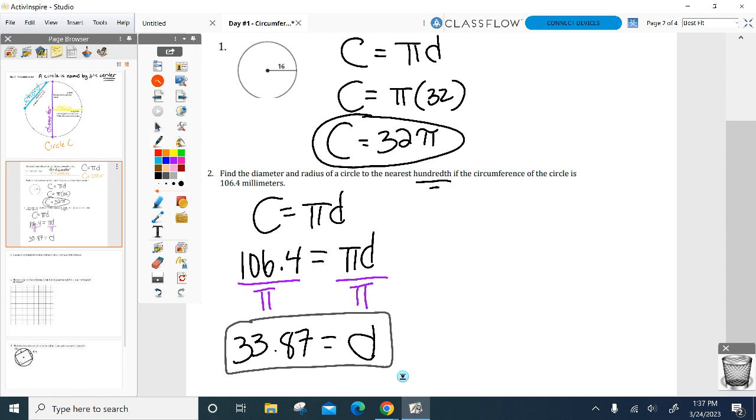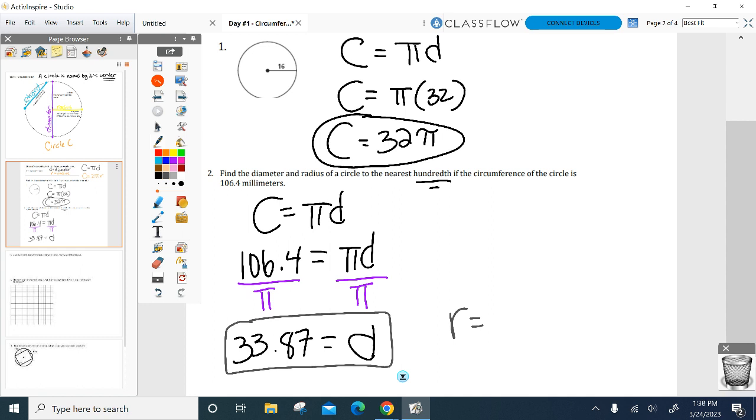Now let's go to radius. I get it. Divide by 2. What's going to be a more exact answer? Dividing your rounded answer by 2 or the number hopefully you still have on your calculator by 2? Calculator, yes.